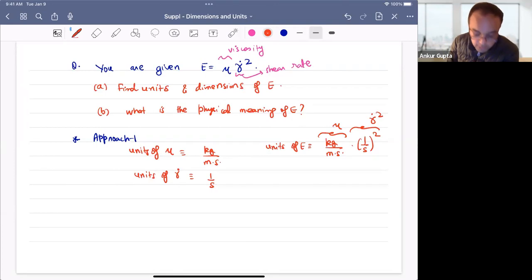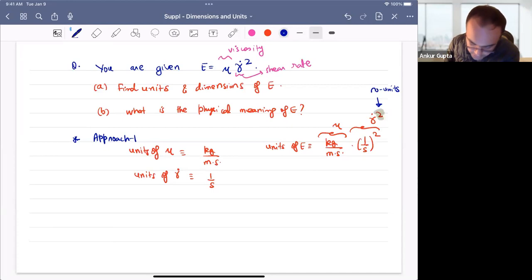Now, one note, something that you should remember is that this square on gamma does not have any units. Exponents don't have units. You can never have an exponent with a unit. So you just simply square the unit. In this case the exponent is 2, so simply square it. If it would be 3, you will cube it and so on.